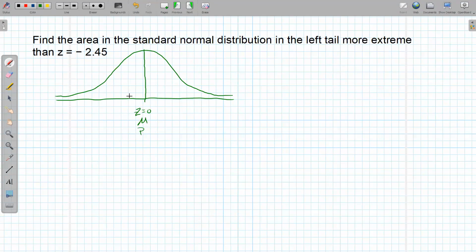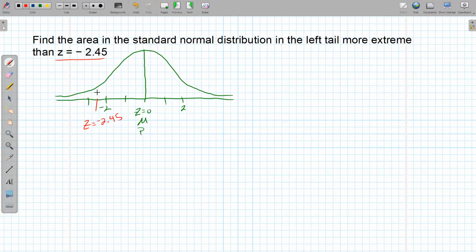From the empirical rule, we know that if we go 2 standard deviations to the right and 2 standard deviations to the left, we would find about 95% of what's going on. Here, my z-score is further over. So this guy right here, z equals negative 2.45.